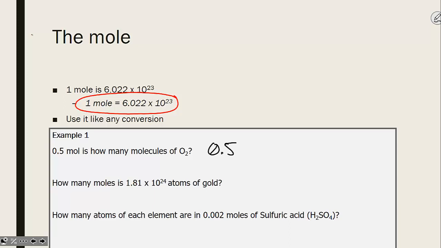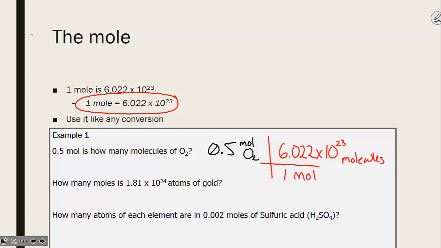If we set up our factor label method, half a mole, we can use the conversion factor that 1 mole is 6 sextillion of a thing. So 6 sextillion molecules would be 1 mole. Moles cancel out, leaving us with molecules of oxygen, which is what the question asked.